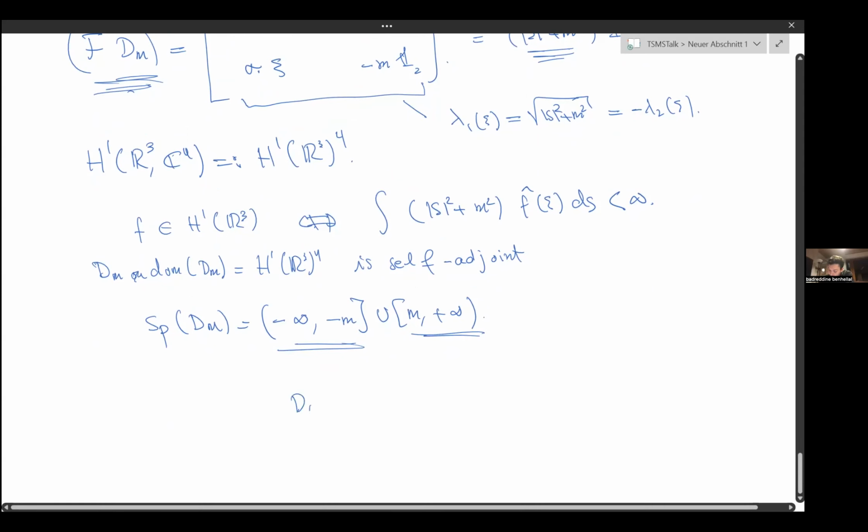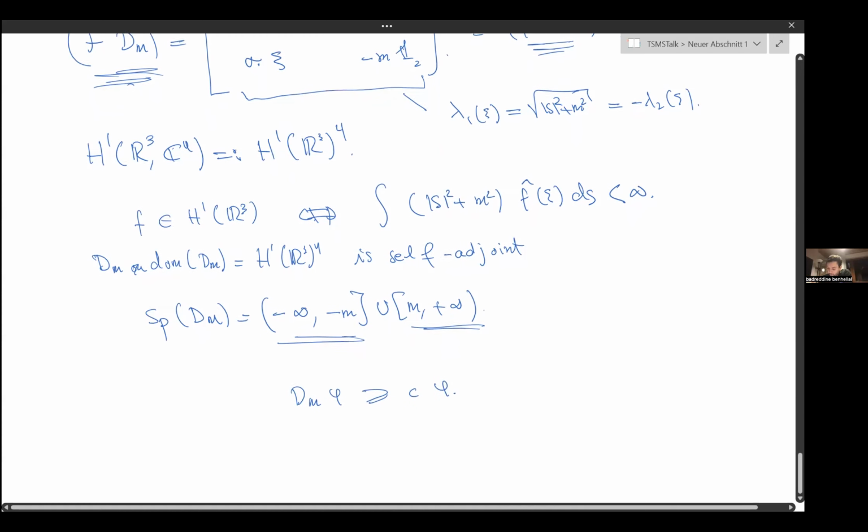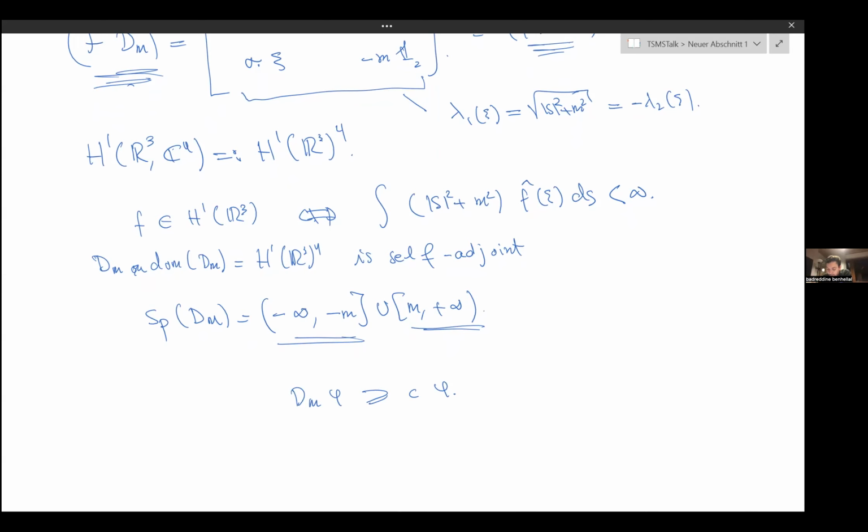So D_m is not bigger than, say, a constant, in the sense of the scalar product. And at that moment, Dirac pointed out the fact that we have somehow negative energy.